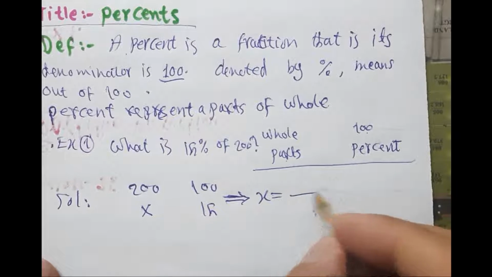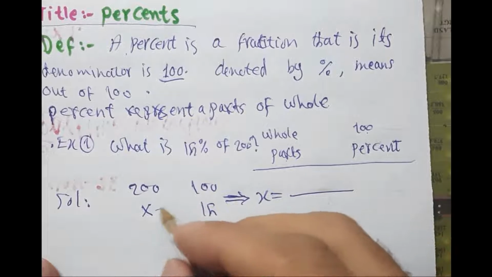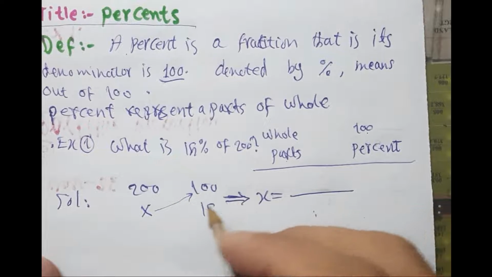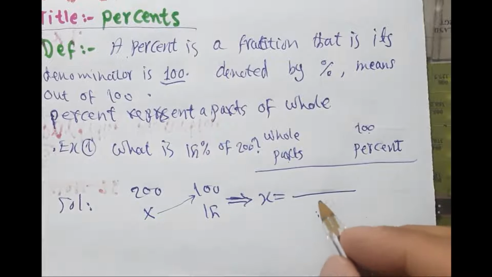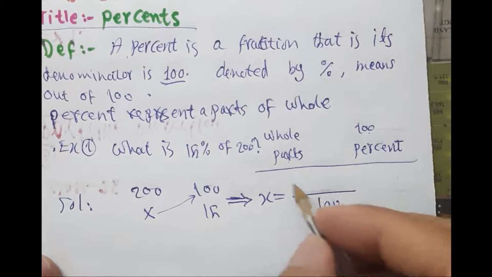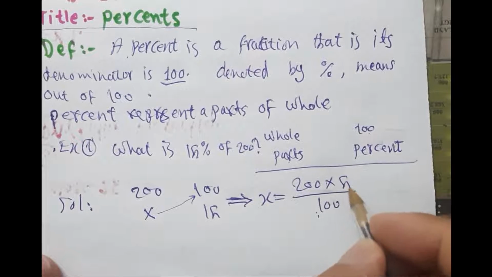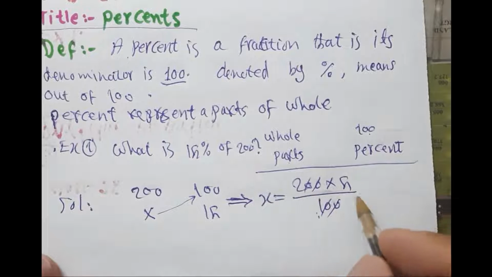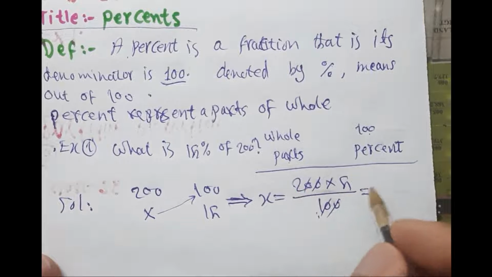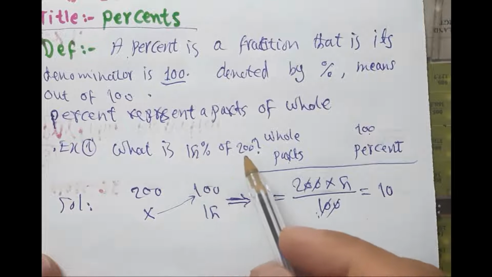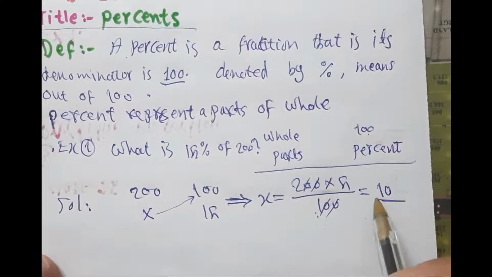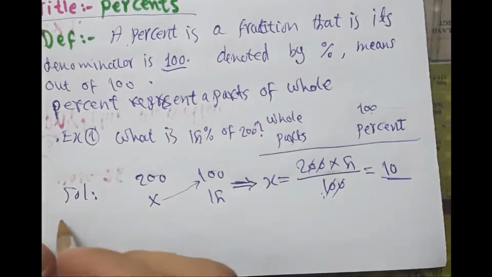X is equal to cross multiplication, the denominator. 200 multiplied by 15, 0 cancels 0, 2 multiplied by 15, 30. 15% of 200 is 30. It is the solution.